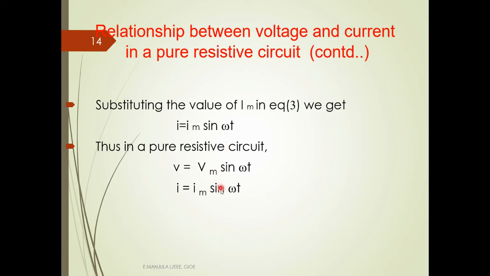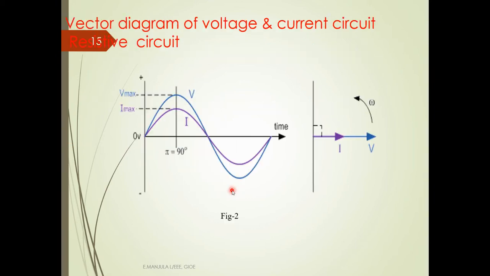By observing these two equations, we can directly tell that v and i will always be in phase in a pure resistive circuit. This is actually the vector diagram representation, the vector diagram of voltage and current.